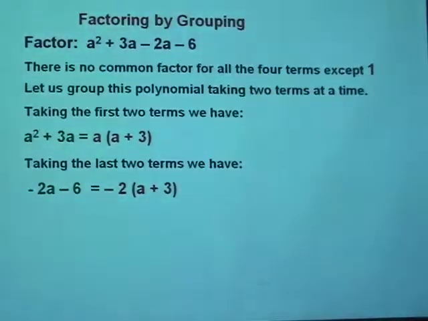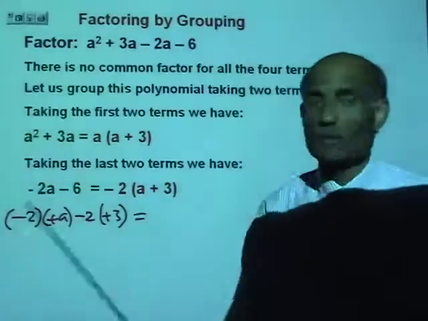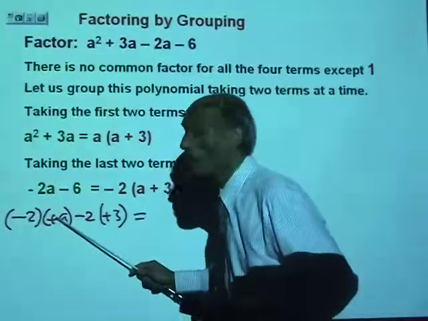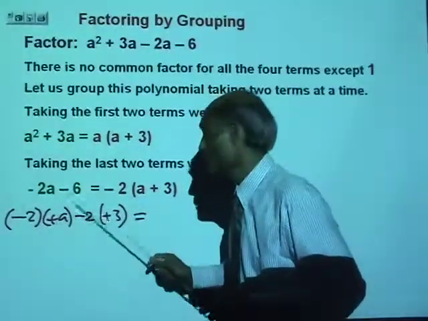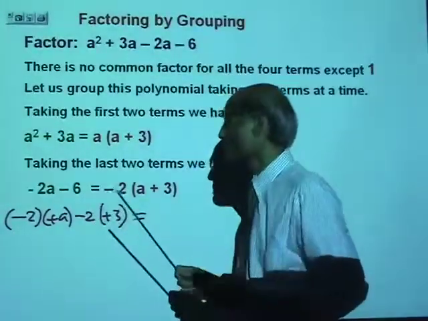Let me make that clear one more time. Negative 2a can be written as negative 2 times positive a, and minus 6 can be written as negative 2 times positive 3.